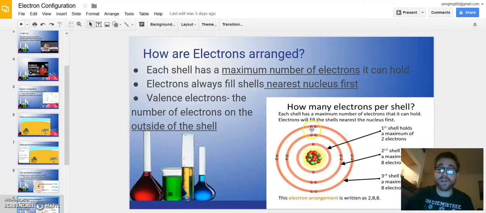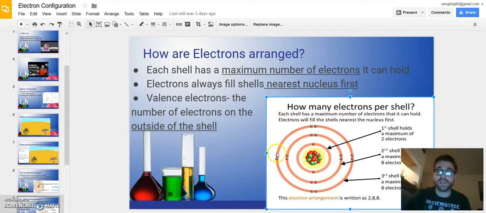The electrons on this outside shell are the valence electrons. So we have 1, 2, 3, 4, 5, 6, 7, 8 valence electrons in this atom. All right? The valence electrons are the electrons on the outside.